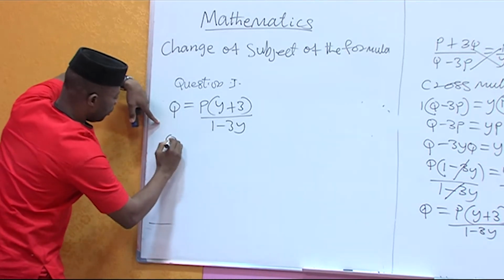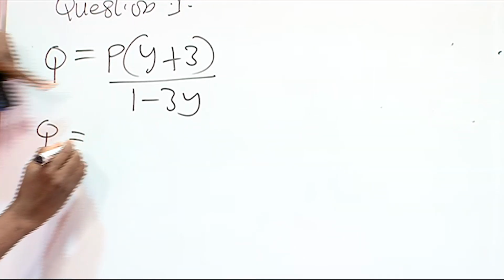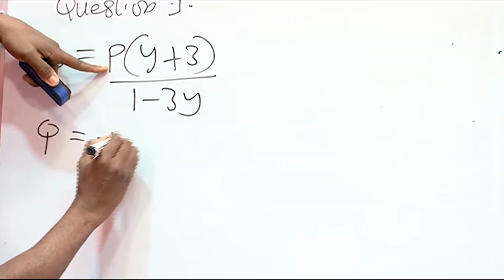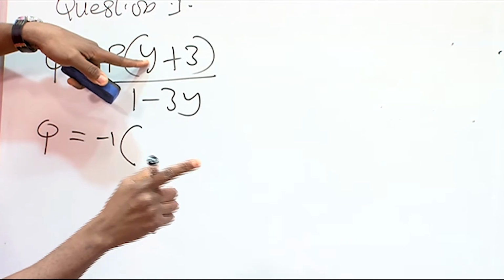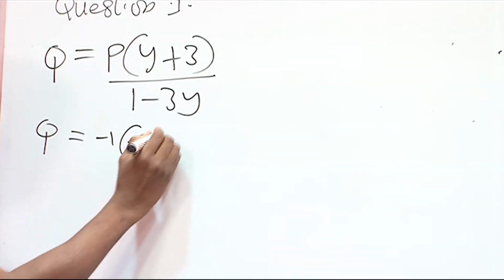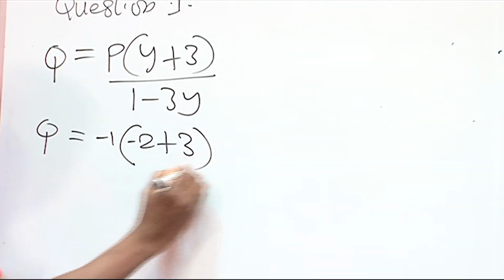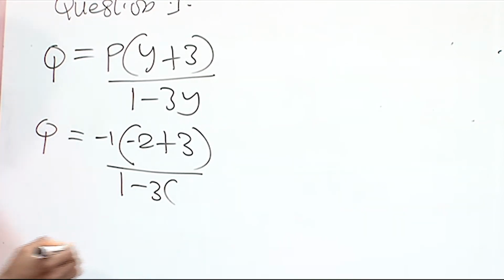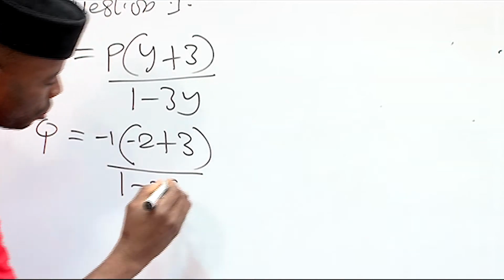Now Q is what we are looking for. Equals, P is what? P is minus 1. Then Y is minus 2, plus 3, all over 1 minus 3 bracket, and Y is minus 2.